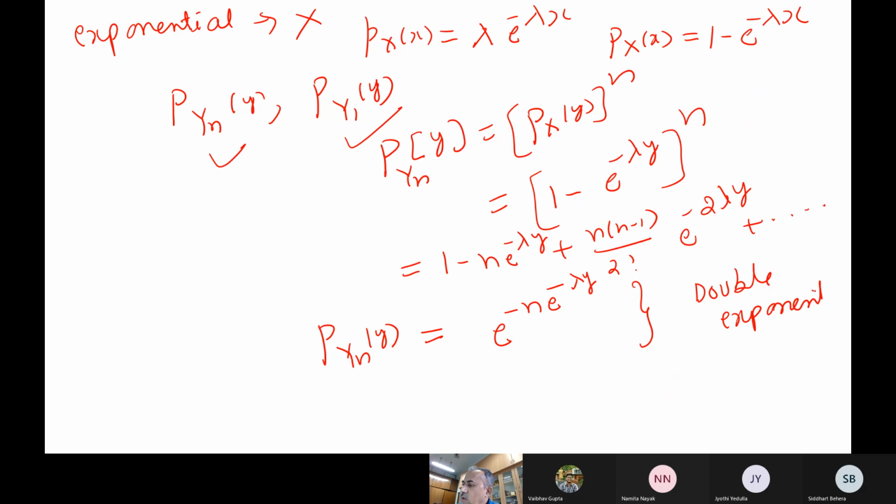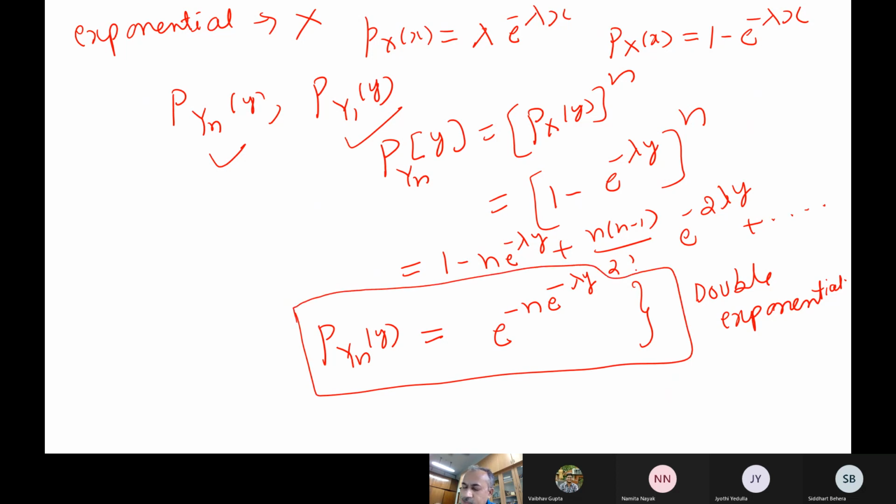You followed. So what is your comment now? The original data is exponential. What will be its extreme values? What type of distribution is it? Originally the data is coming from an exponential distribution. Now what will be the distribution of its extreme value, the largest value? It is very peculiar.